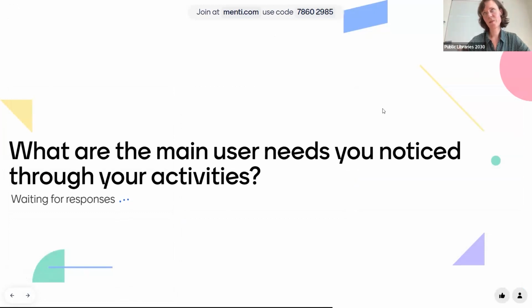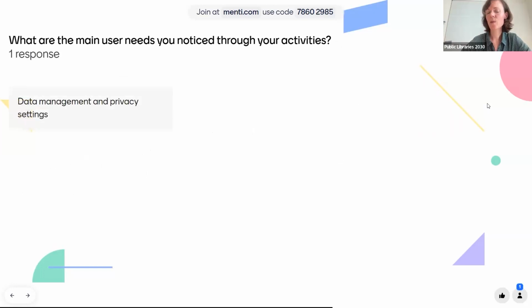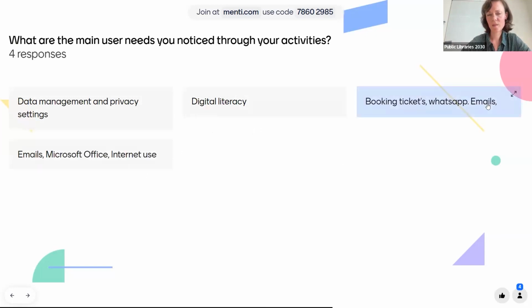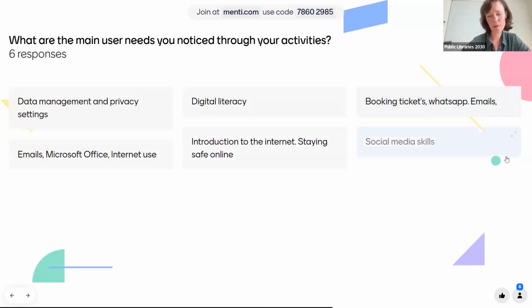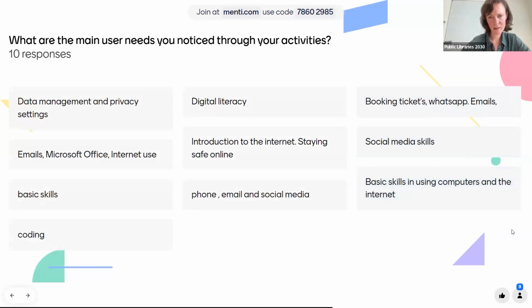So this is more already an evaluation question related to areas or practices, applications. So where do you feel are the main needs of the users? Okay. Tickets, WhatsApp, all these things. We talked about this also in Brussels during our LTTA. Staying safe.